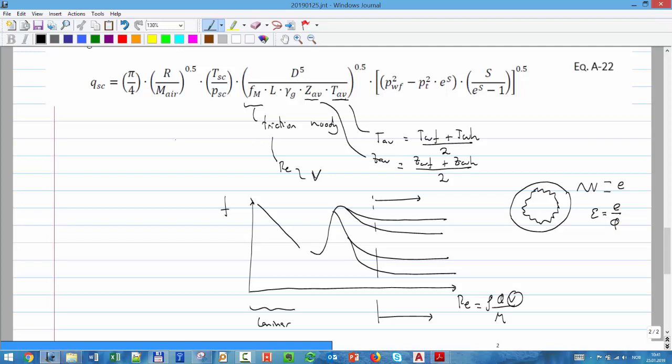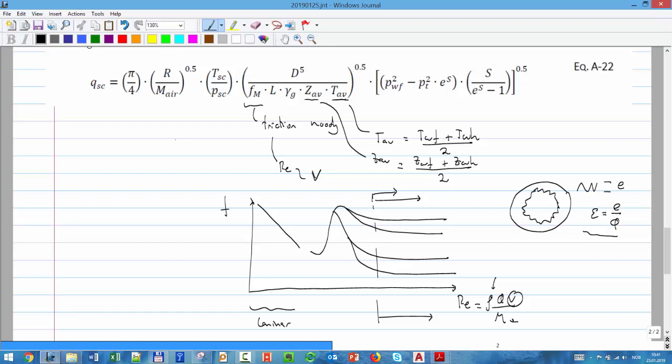So you don't have to worry about using Colebrook or any kind of approximation. My friction factor is only a function of the roughness, which is a very big saving. I don't have to calculate Reynolds, density, or viscosity.